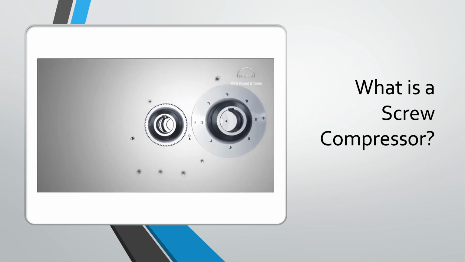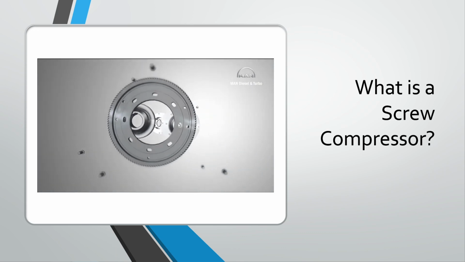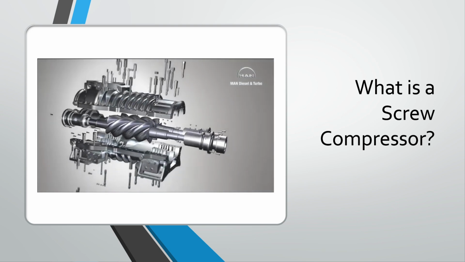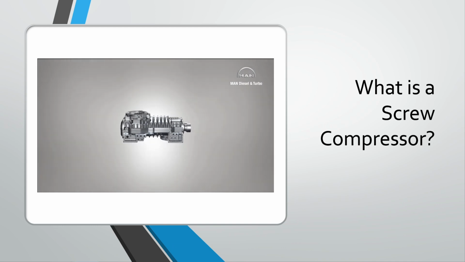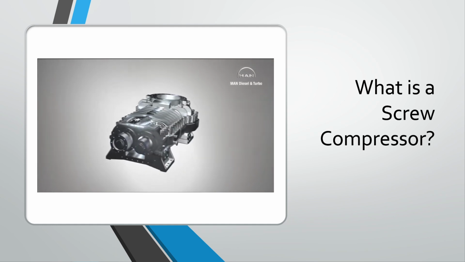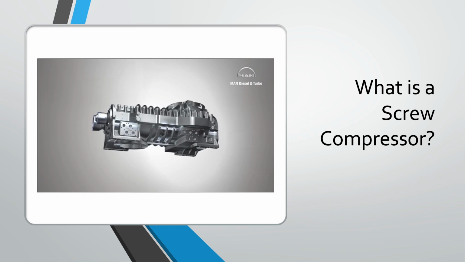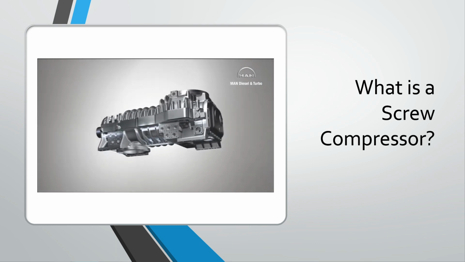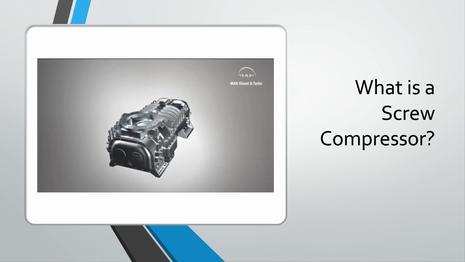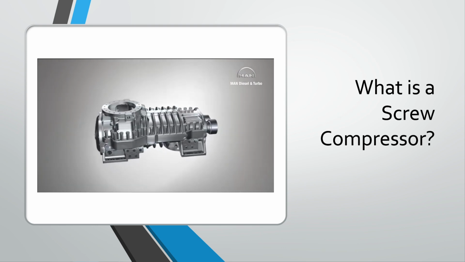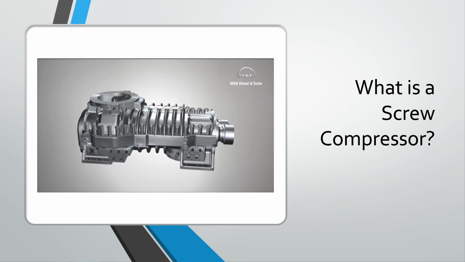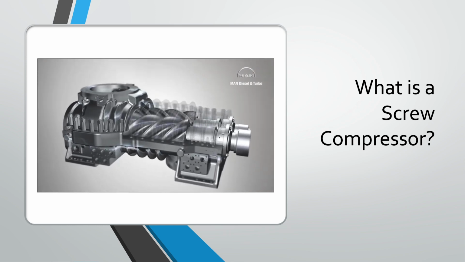MAN Diesel and Turbo manufactures tailor-made process gas screw compressors for customers, a modular system of tried and tested components guaranteeing the utmost reliability. Depending on its size, a compressor stage can suck in and then compress volume flows of between about 200 and 100,000 cubic meters per hour. All screw compressors operate according to the basic principle of a positive displacement machine, whose key element is a pair of spiral rotors.